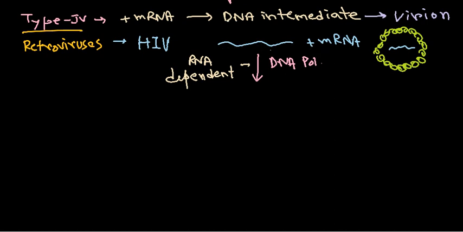Let's say this red thing is a DNA. So what we produce is this DNA strand, right? So we have a hybrid of RNA and DNA in this case. This is a DNA-RNA hybrid that is being generated here.